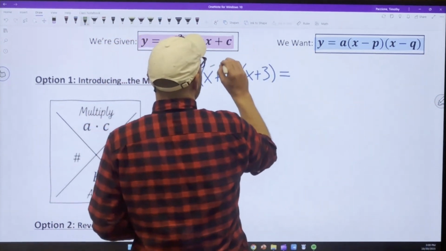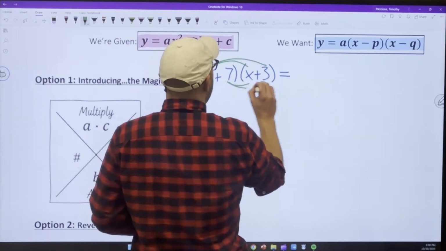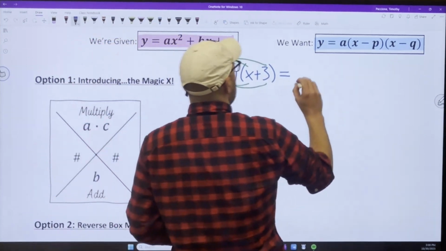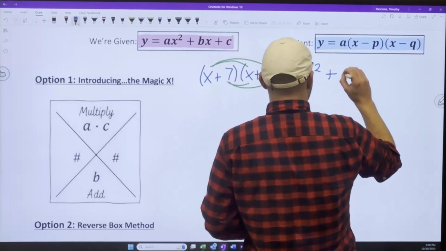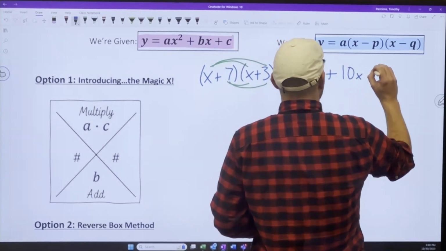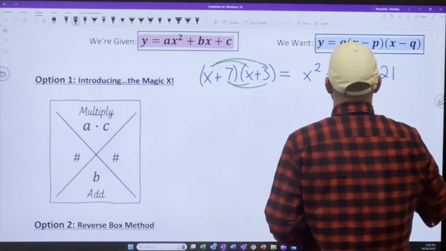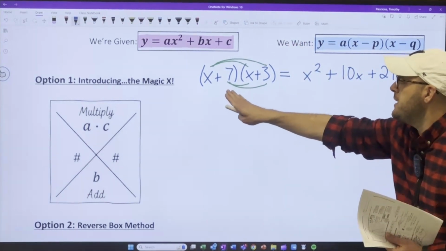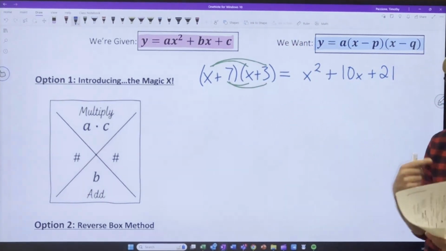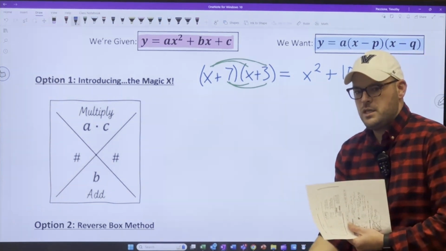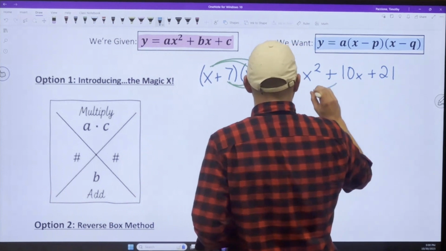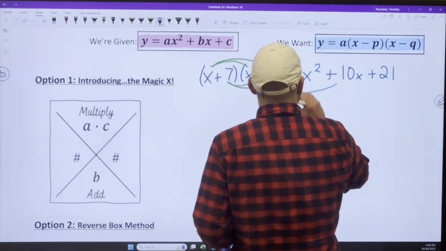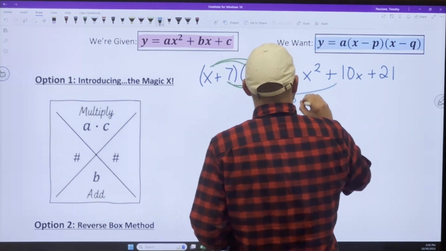So if we foiled this, first, outer, inner, last, we would get x squared plus 7x plus 3x, so that's plus 10x plus 21. Okay? So that's going from intercept to standard. Now, what we're being tasked with here is to go the other way. Right? We want to go from here to here. We want to go backwards.